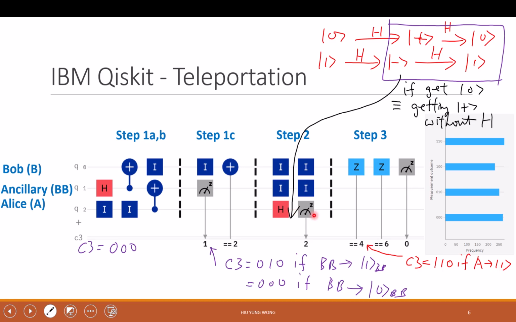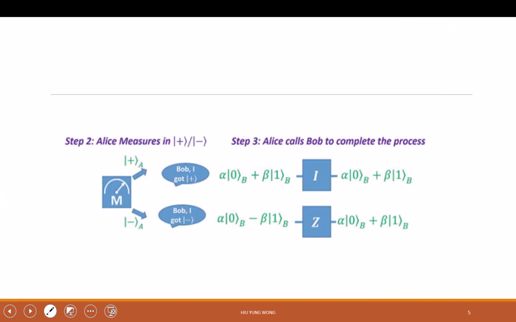You see that if I measure 1, then Q2 will become 1. Then I keep propagating, this is 110. And 110 is what? 6. So here it says that if it is equal to 6, I'm going to apply a Z gate. That is because it is negative.